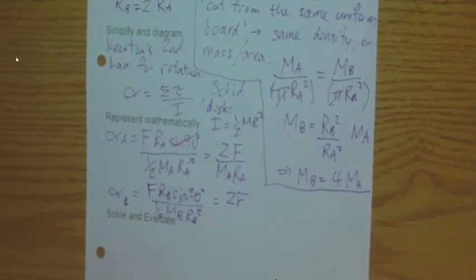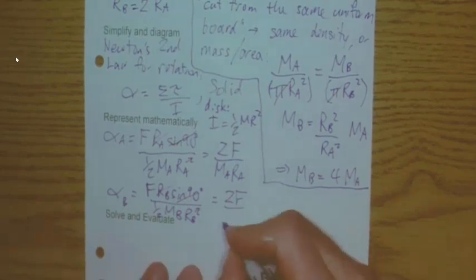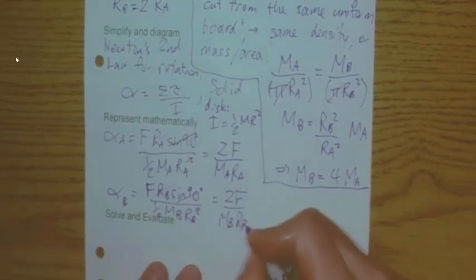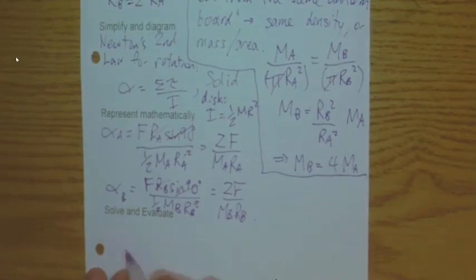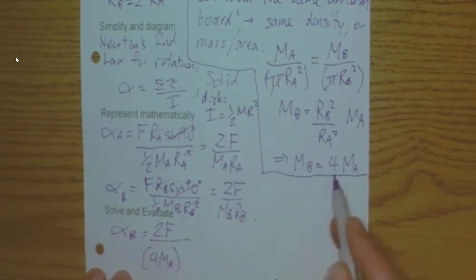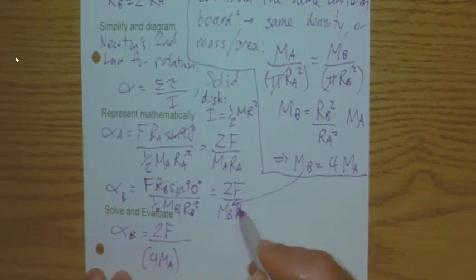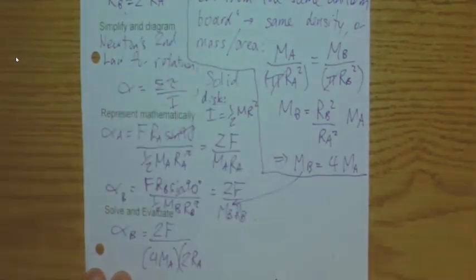You get 2 times F divided by MB RB. And so rearranging, alpha B is equal to 2F divided by 4MA, because that's from there, and then times 2RA, which is from up there.